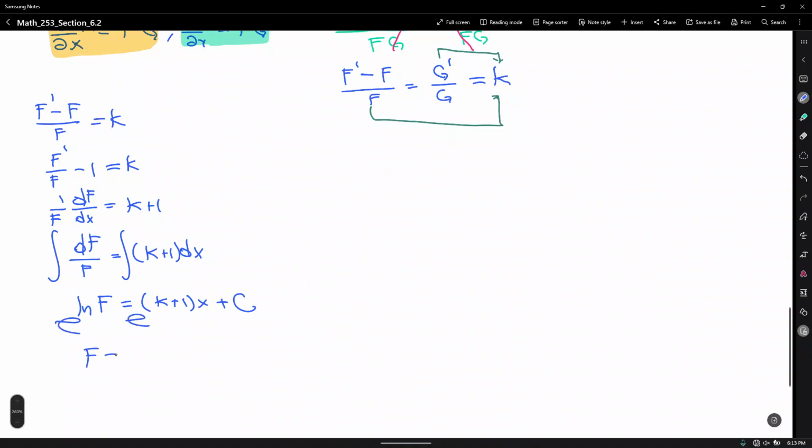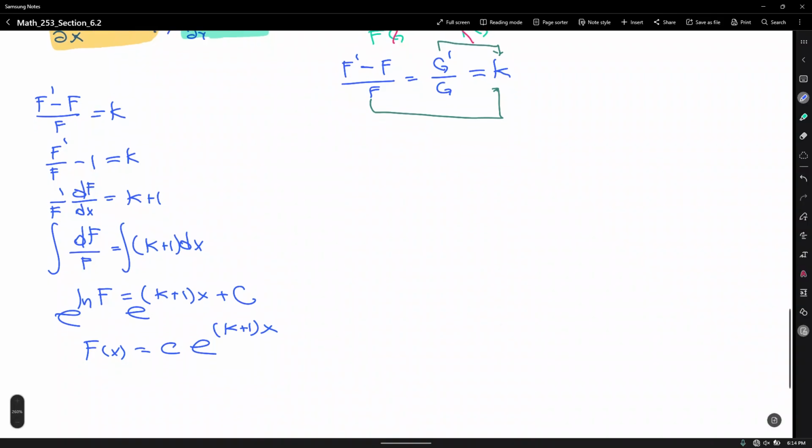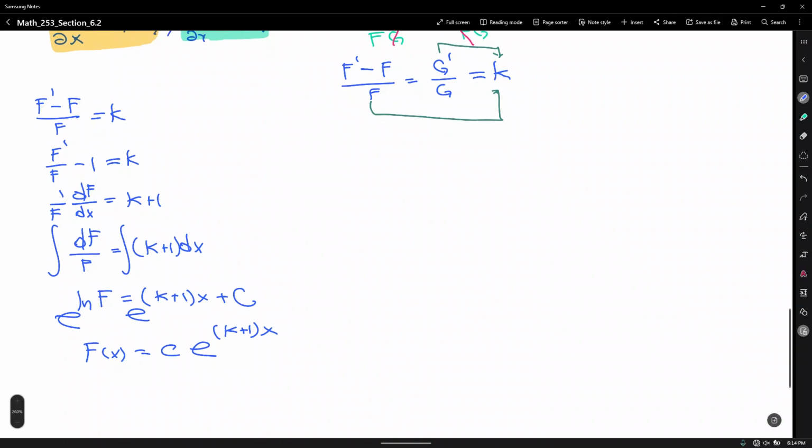So f of x equals e to the C, which is simply C, e to the (k plus 1) times x. All right, that's the solution to the x equation.